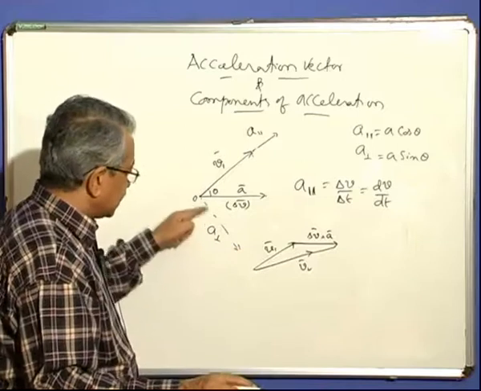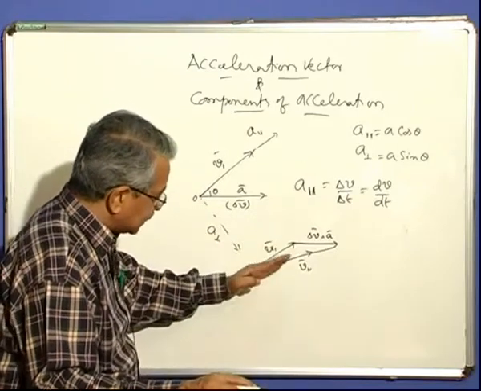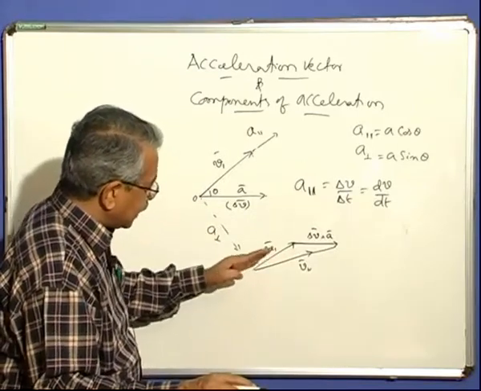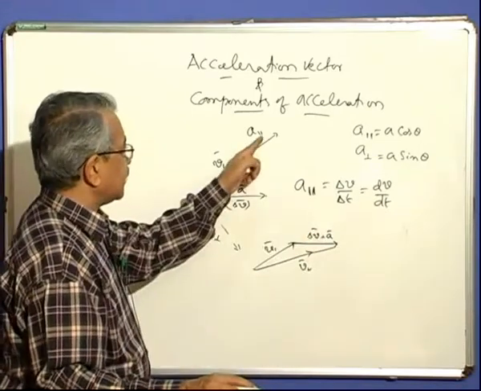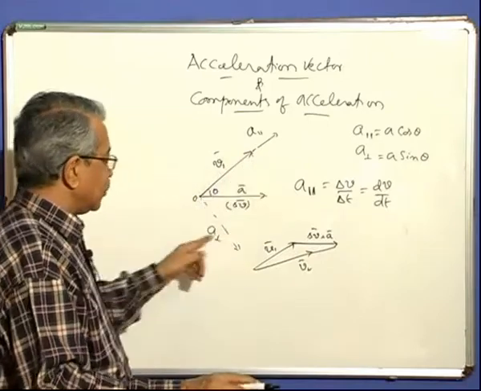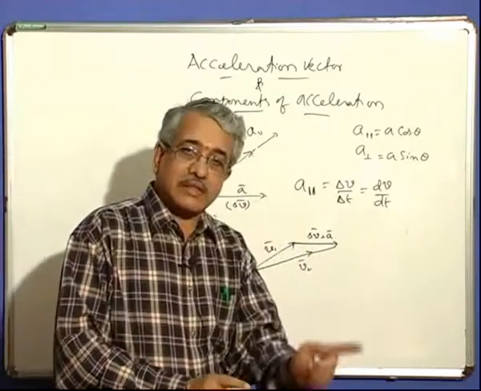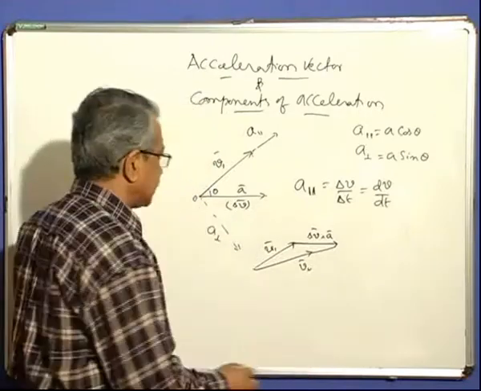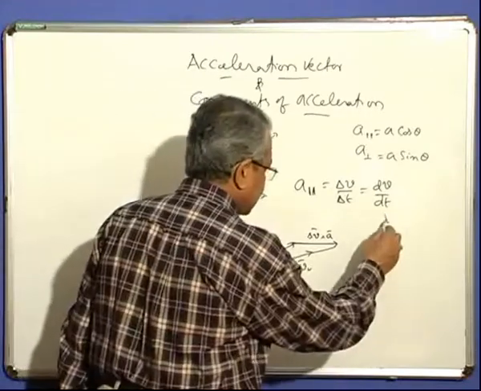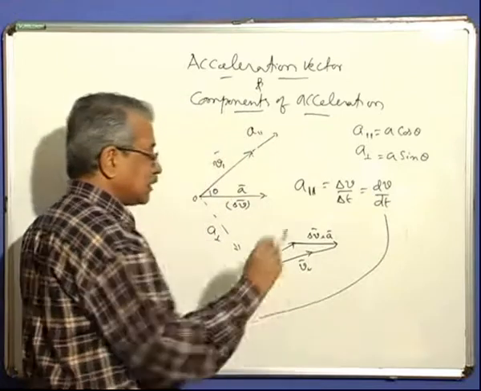So this component will try to pull the velocity like this, whereas the extent to which it must be pulled will be shown by the parallel component. So either the magnitude may be changing or the direction may be changing, and sometimes both. For example, suppose a body is moving along a curve like this, some general curve.